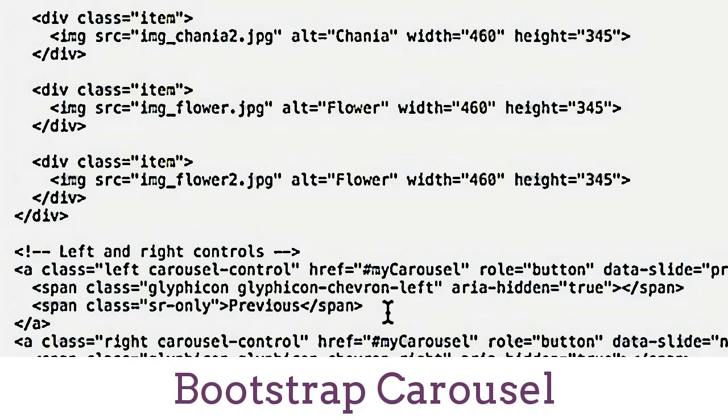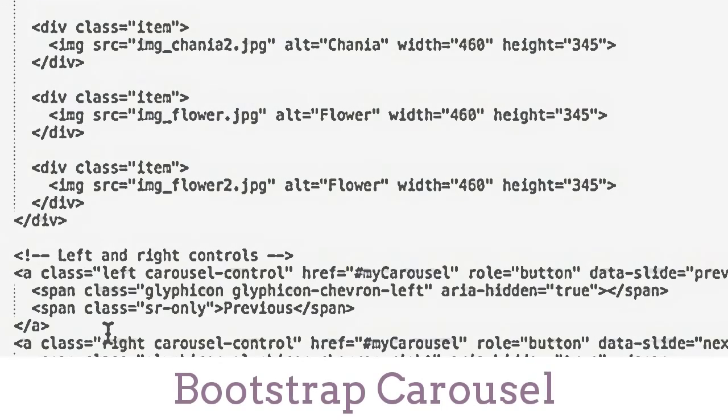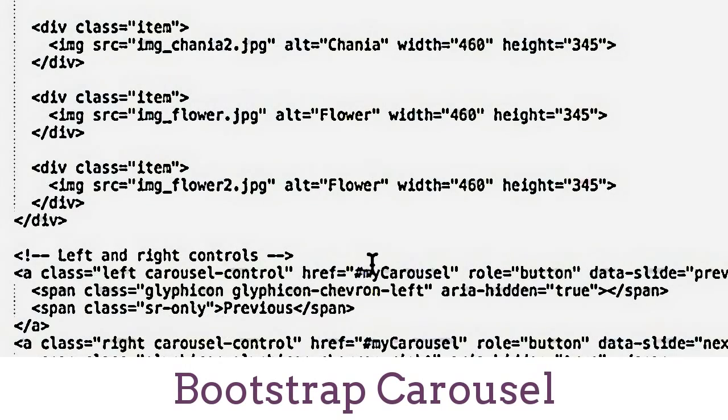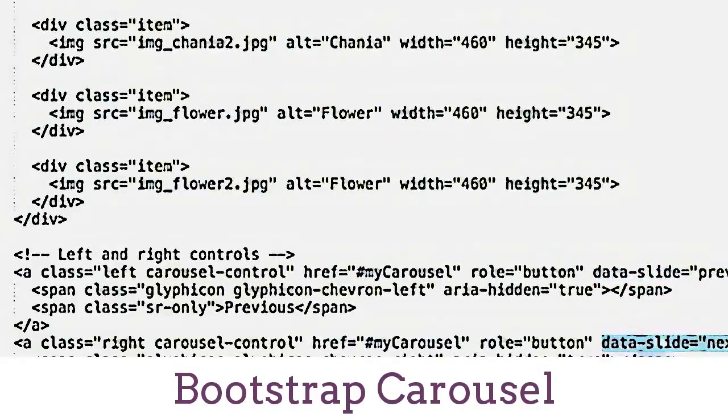Look that they are hyperlink anchor tags, with a reference to myCarousel, that div we created at the top here. And with the data-slide attribute, we're just telling it to go prev, to go back, or using next to go to the next picture.